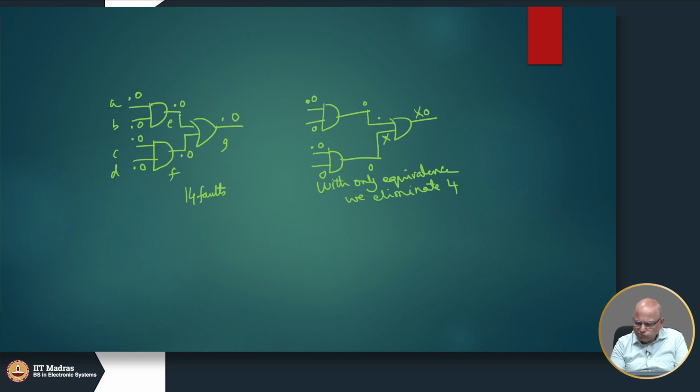So, we can try that dominance method. What does it say? If we find the set of all test vectors for, let us say, this one over here, G0, G1.